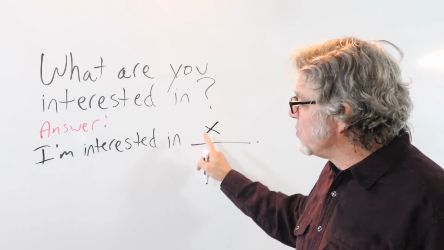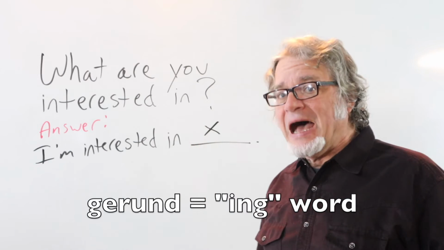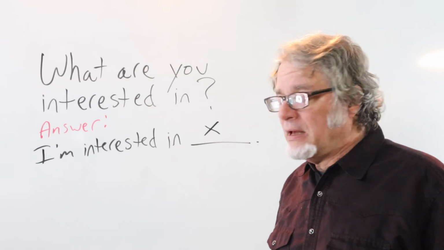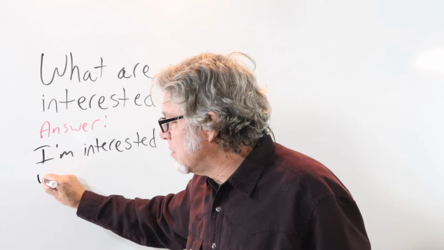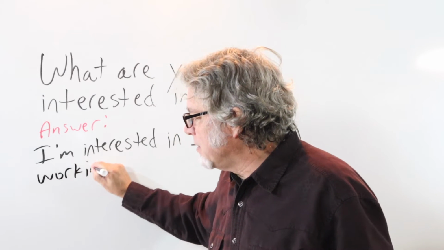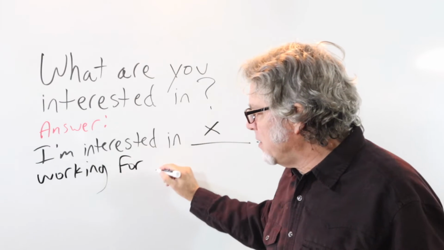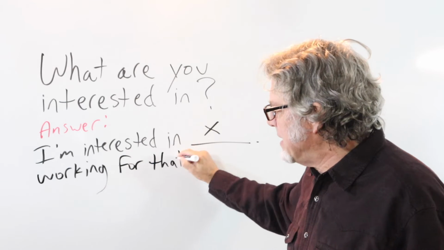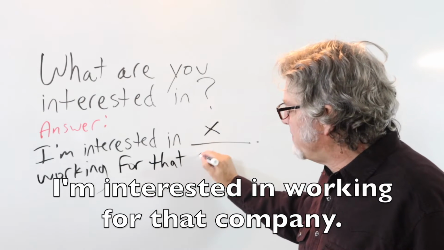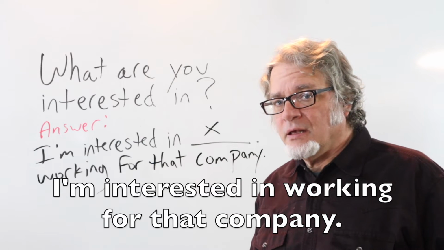You can also use a gerund after in. That would be an ing word. I'm interested in working, this would be the gerund, for, and then the name of a company, or you can just say, I'm interested in working for that company.